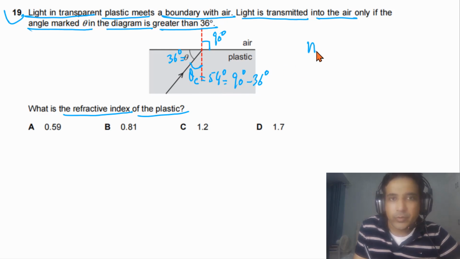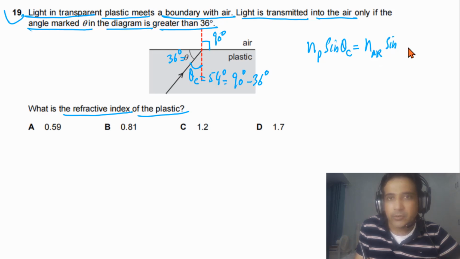We can write down, NP for the plastic, sine of theta C, the critical angle in the plastic, is equal to N air times sine of theta in air. Sine of theta in air is the refracted angle, and this is the incidence angle. NP we need to find out.